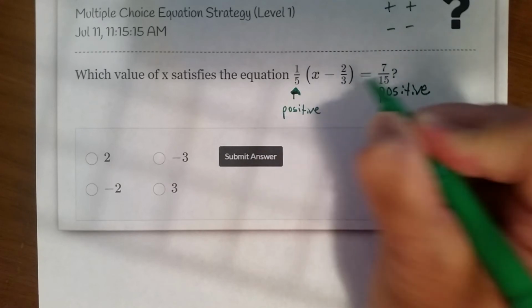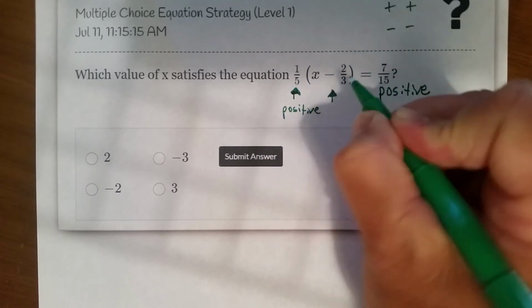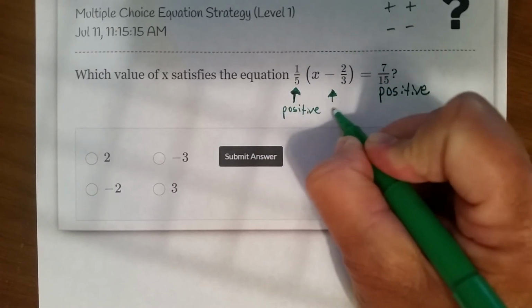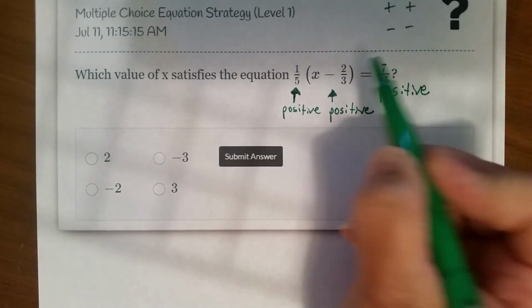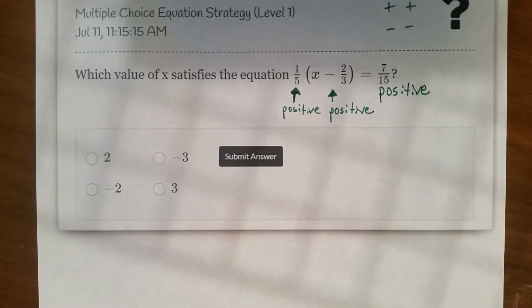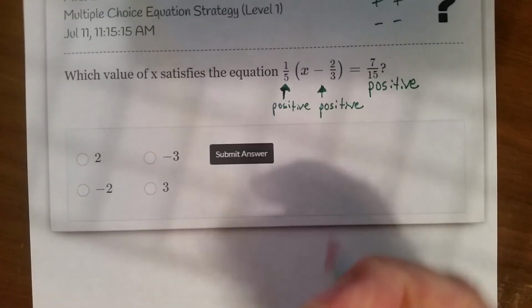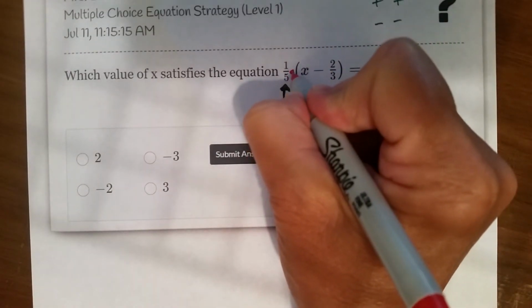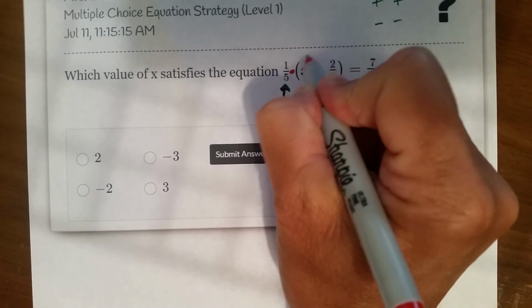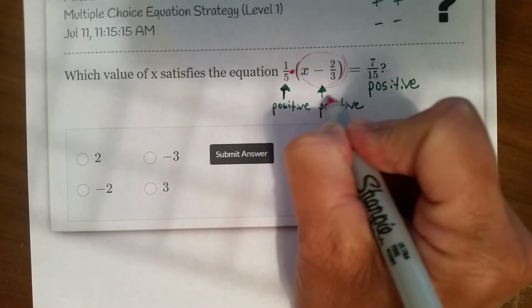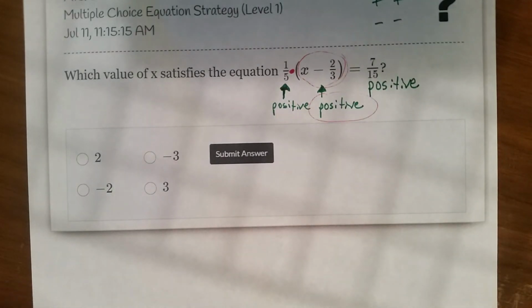That means this factor has to also be positive. I basically have two factors. I have 1/5 times that, and I want it to be a positive. That means this number right here has to be a positive.